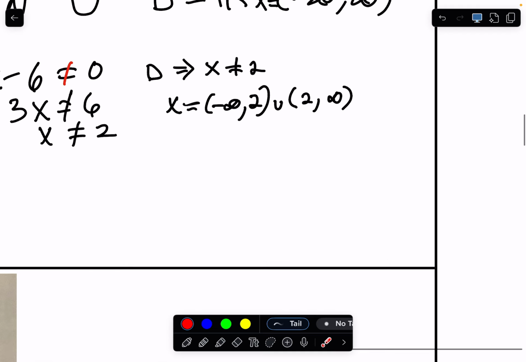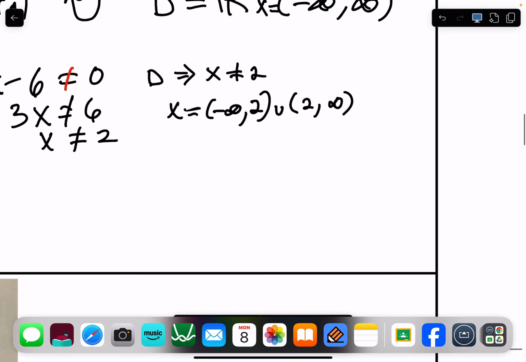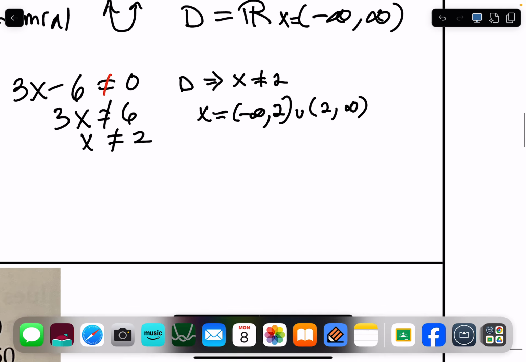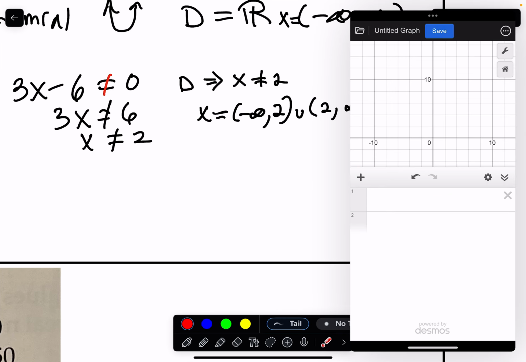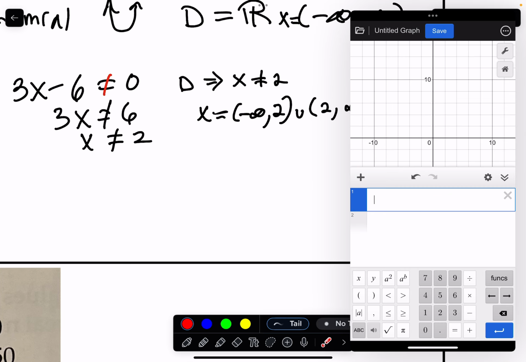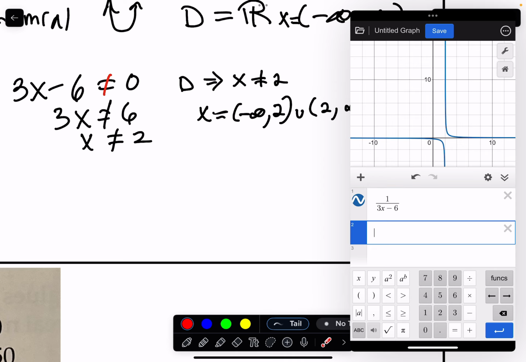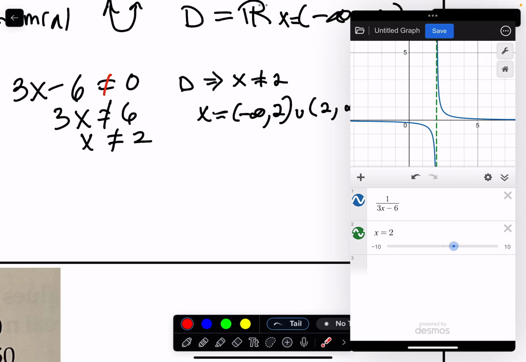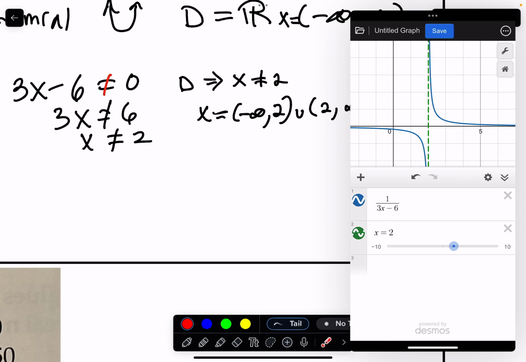Now, the way that you can check your work is if you go to Desmos and type in the fraction 1 divided by 3x minus 6, look at what happens at 2. If you look at 2, there's no graph there.